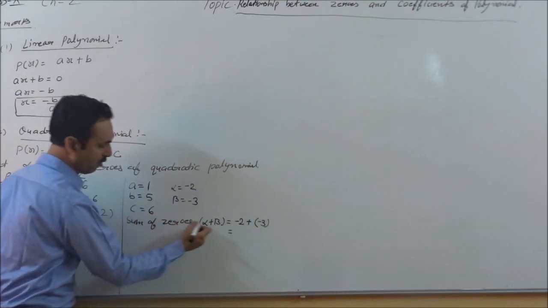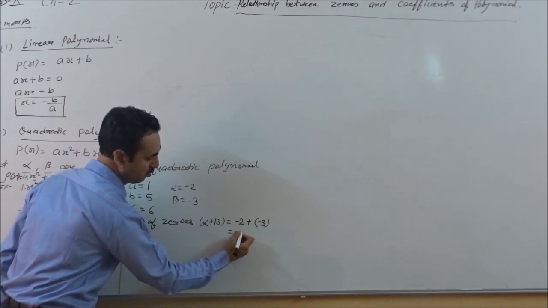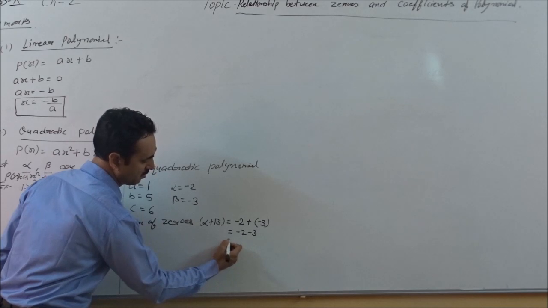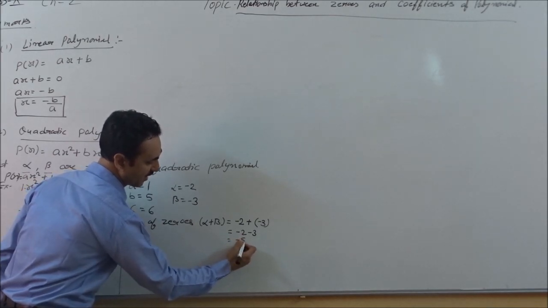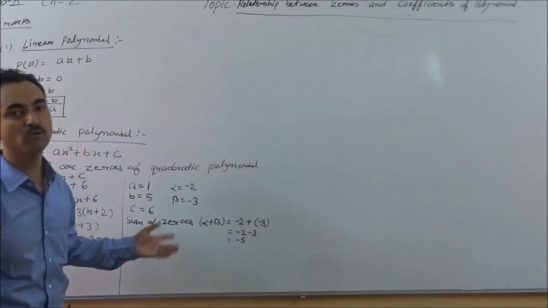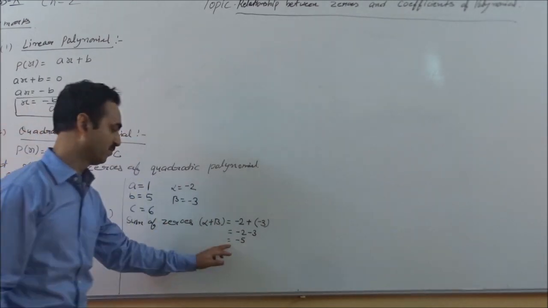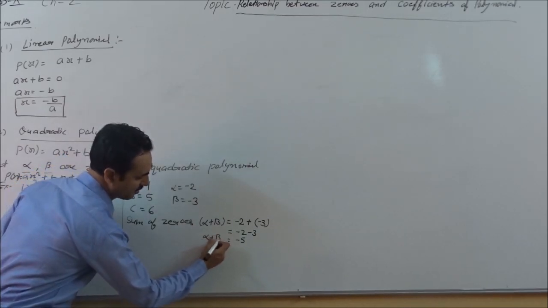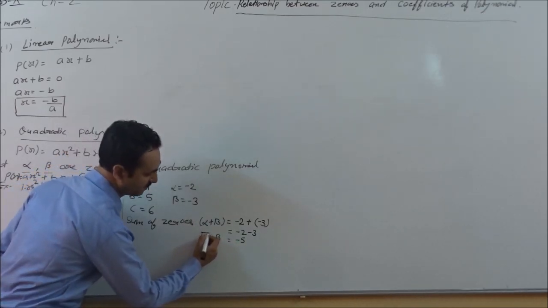So what is the sum of zeros here? Minus 2 and minus 3 is minus 5. This you should have understood in class 6: how to add and subtract integers. So alpha plus beta is minus 5.